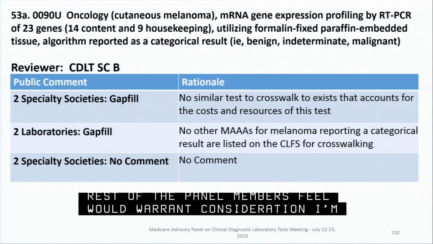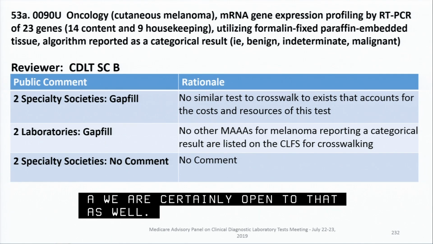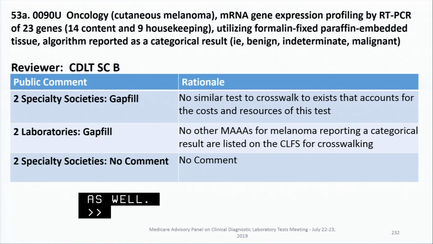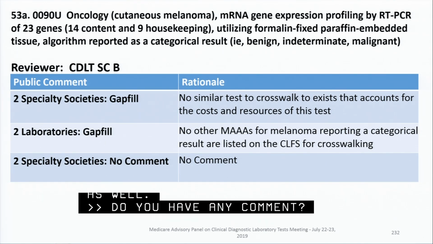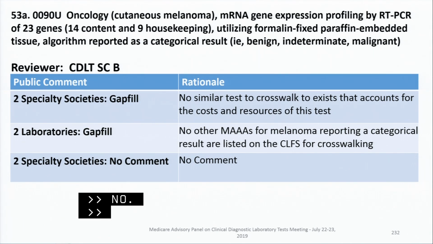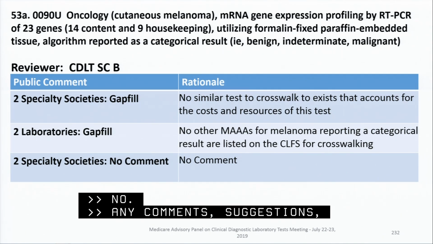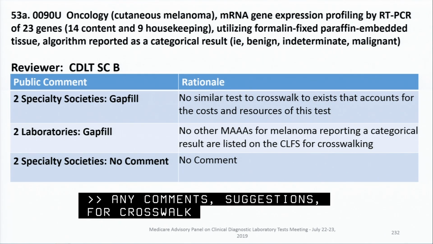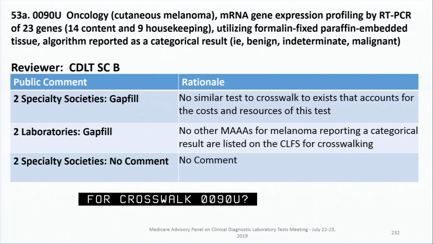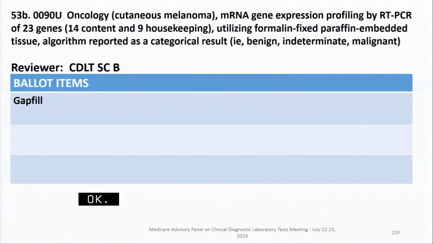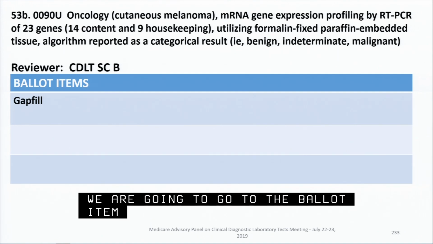Dr. Baselski, do you have any comments? No. All right. Any comments here or suggestions, discussion regarding other potential crosswalks for 0090U? Okay. Hearing none, we're going to go to the ballot item slide. And for 0090U, the single item, Dr. Lyon, go ahead.